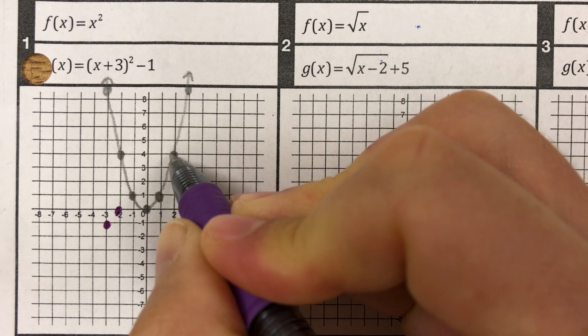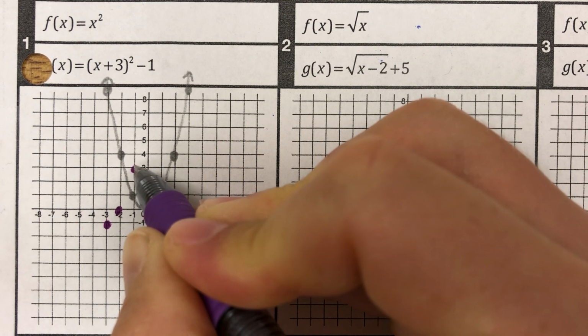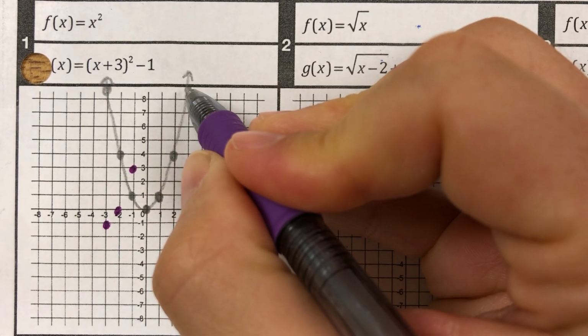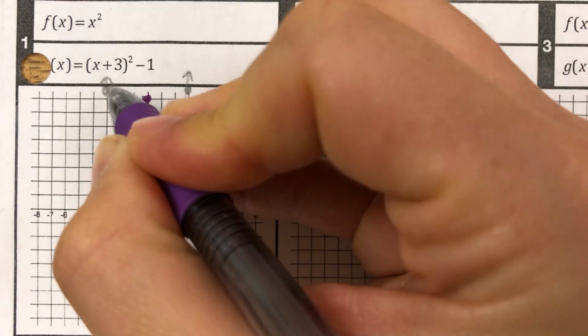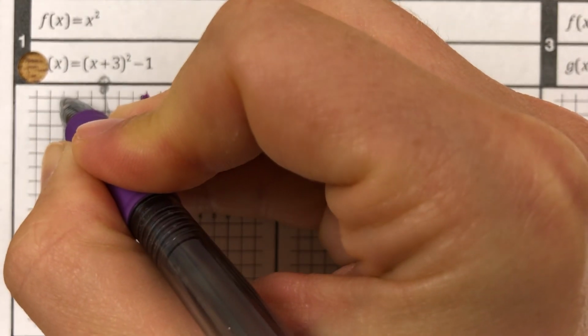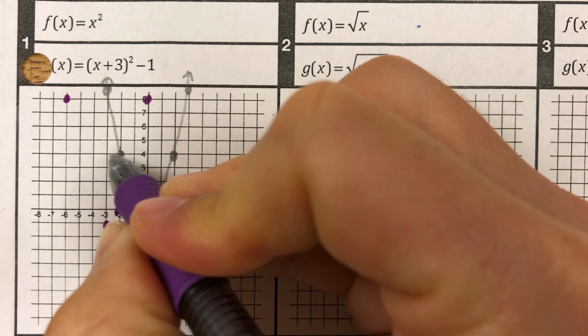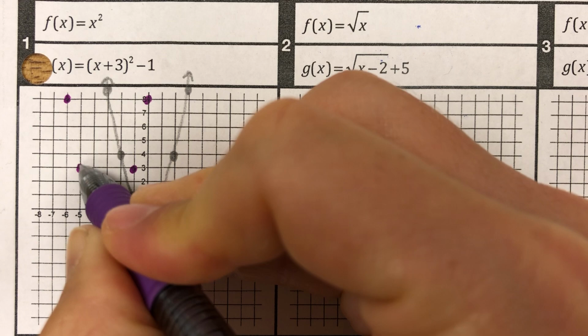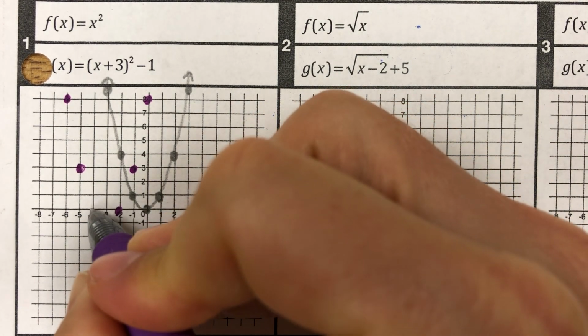Go to my next anchor point, left 3, down 1. Go to this guy up here, left 3, down 1. Go to this guy over here, left 3, down 1. And then finally this one, left 3, down 1.